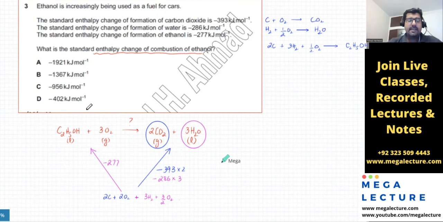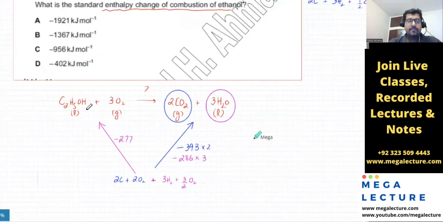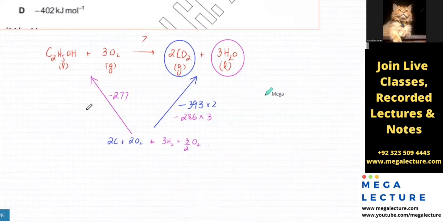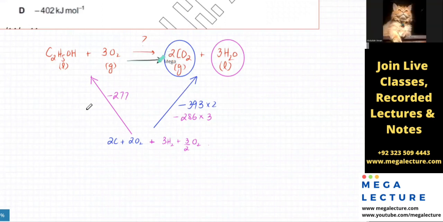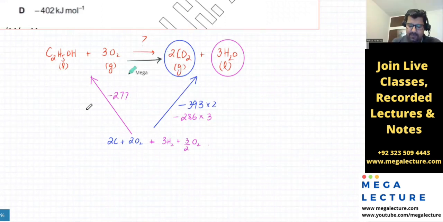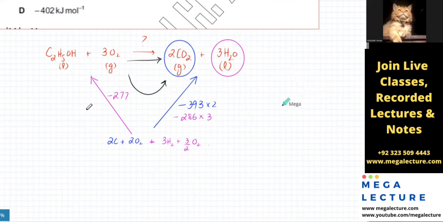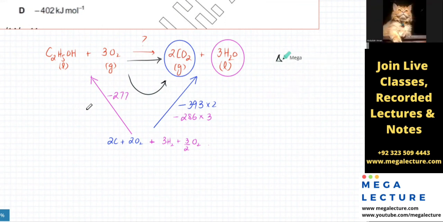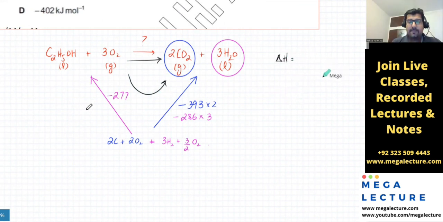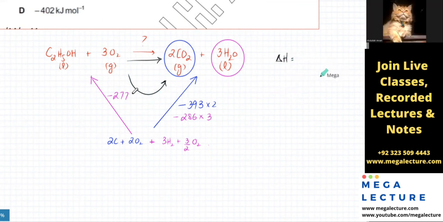And since I have the cycle now with me, all I have to do is say one path is going to be equal to the other path. So I've got my one path, and that one path would be equal to my other path. So my enthalpy change for the reaction is going to be, I have to change the sign of this one because I have to go in this direction.